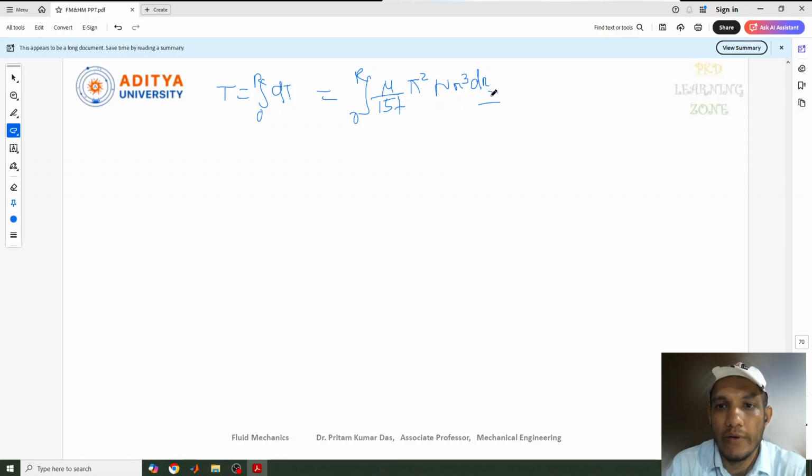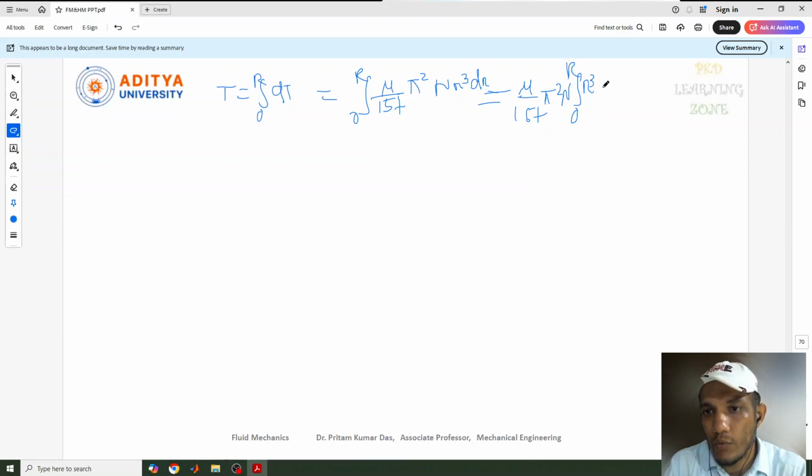If we are going to integrate this equation, we can take the constant terms outside. So that is nothing but mu by 15t pi square n, and the integration from 0 to r of r cube dr. So what we are going to get is again mu by 15t, pi square is there, n is there.